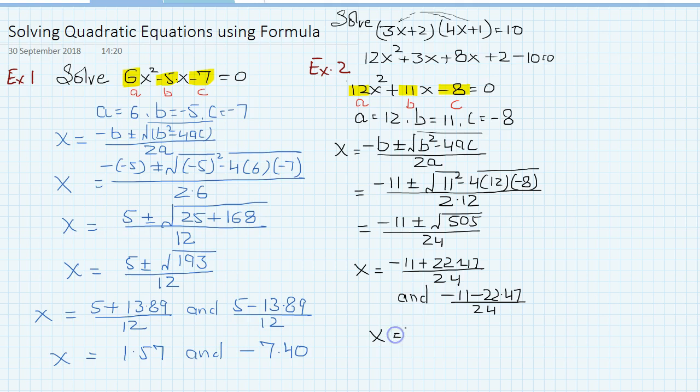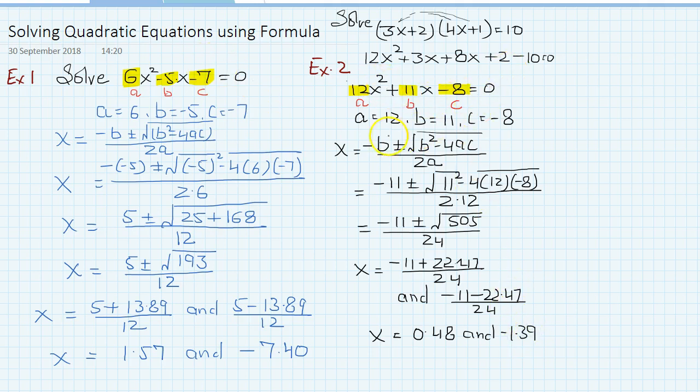So x will be minus 11 plus 22.47, so 11.47 divided by 24, that is 0.48, and this value will be minus 1.39.